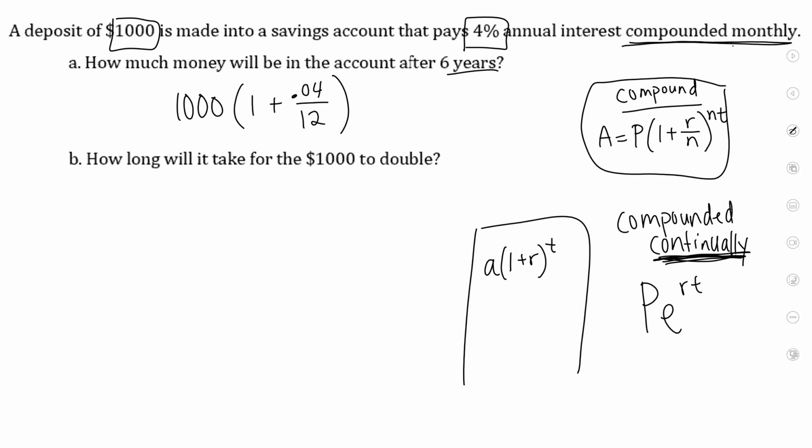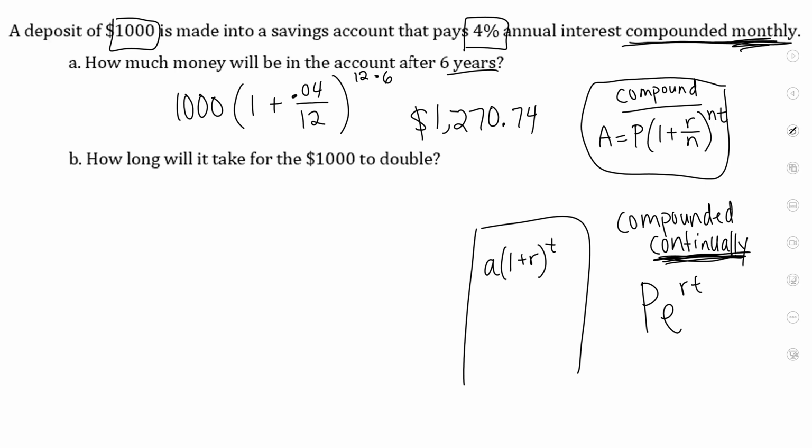Since we're doing it monthly, that will happen 12 times in the year. Okay, so that 12 goes down there. This is also 12 times, time is 6. So this is what you will type into your calculator. Go ahead and give me a value, please. 1,270.74. Perfect.